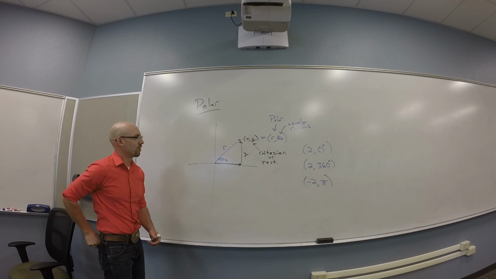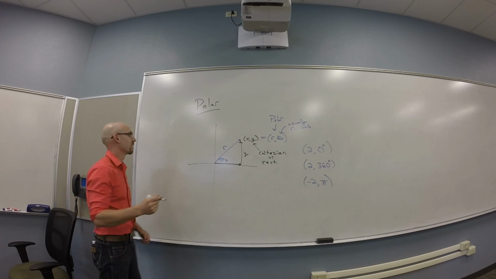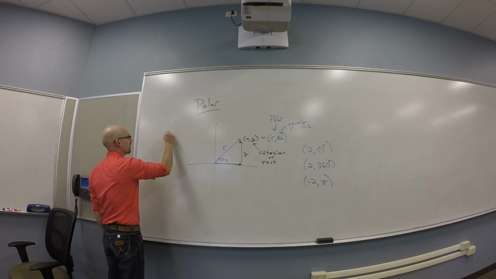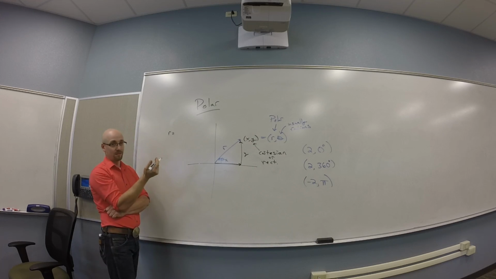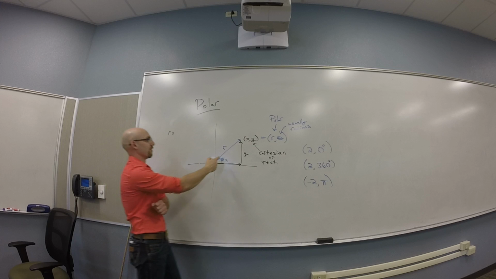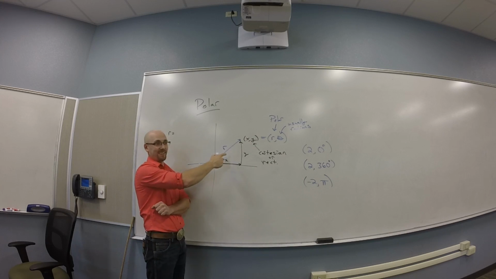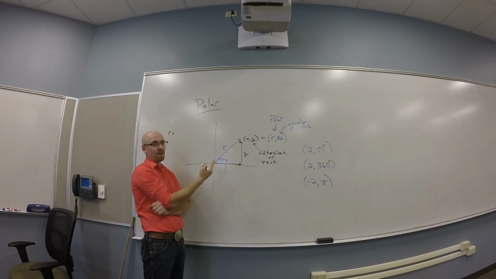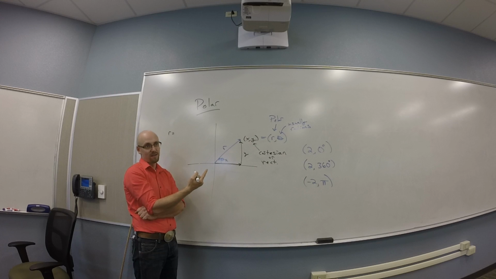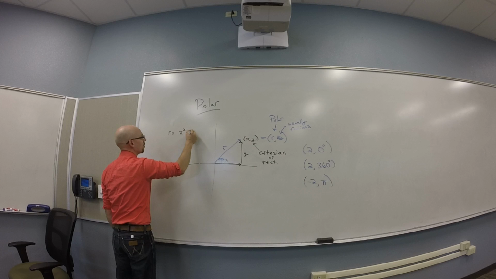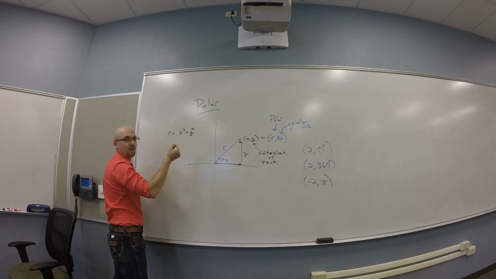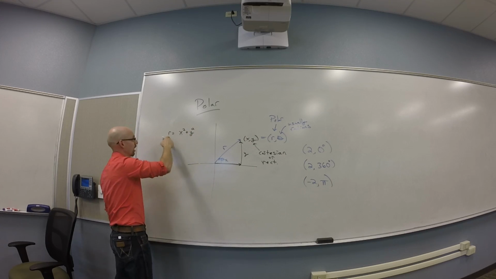Let's conjure those conversion factors out quick. They should be pretty chill. Where do you get r from? It's the radius of the circle. It's also the hypotenuse of this triangle, right? So how do I get the hypotenuse of a triangle knowing the two sides? x squared plus y squared would be r squared.